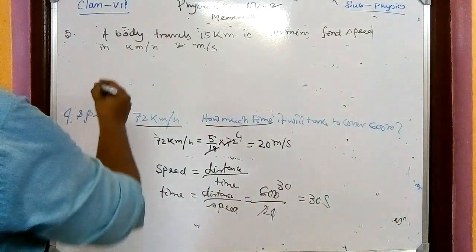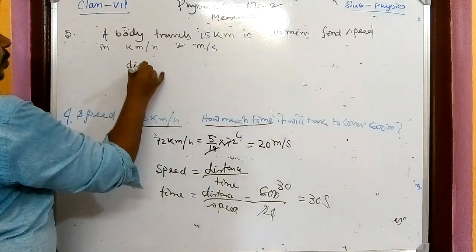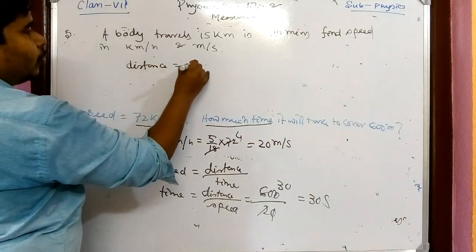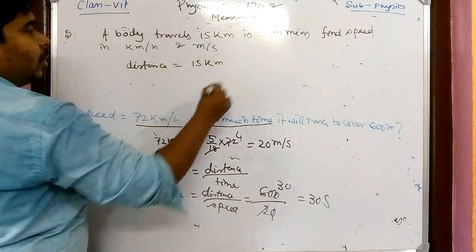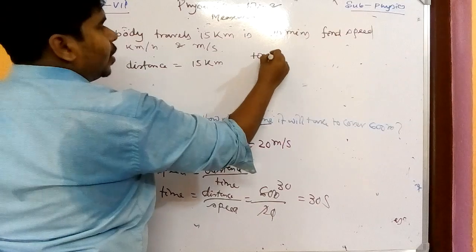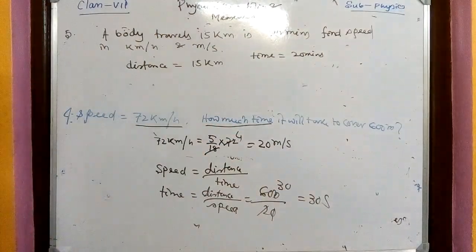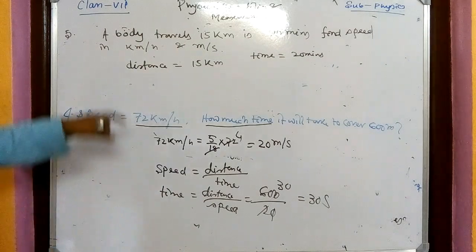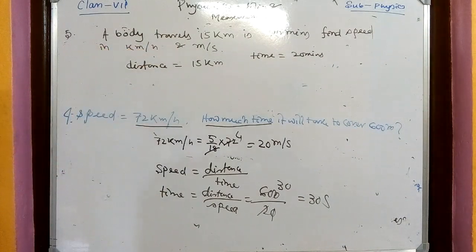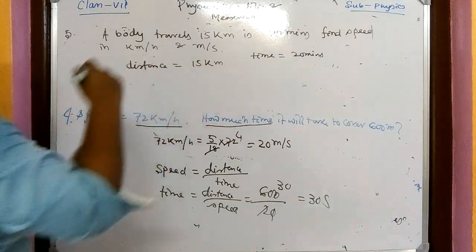So here distance is equal to 15 kilometer. Time is equal to 20 minutes. Now the problem is that first we have to find speed in kilometer per hour. So listen to me very carefully, we have to find how much hour 20 minutes equals, because it is asked in kilometer per hour.